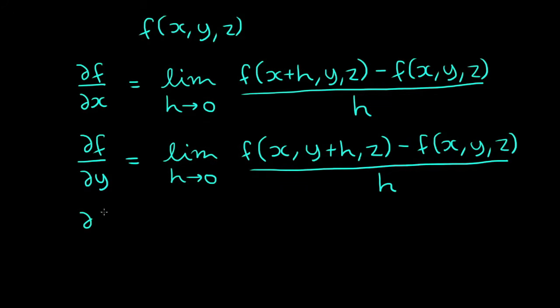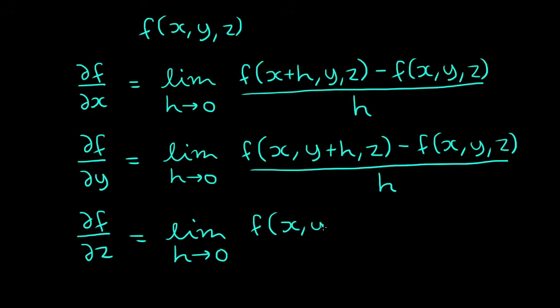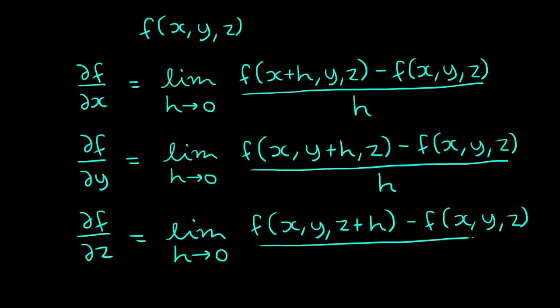And similarly, taking the partial derivative of f with respect to z gives the limit as h approaches 0, and this time we're fixing x and y, and z is the variable. So we have z plus h minus the function of x, y, and z, over h.